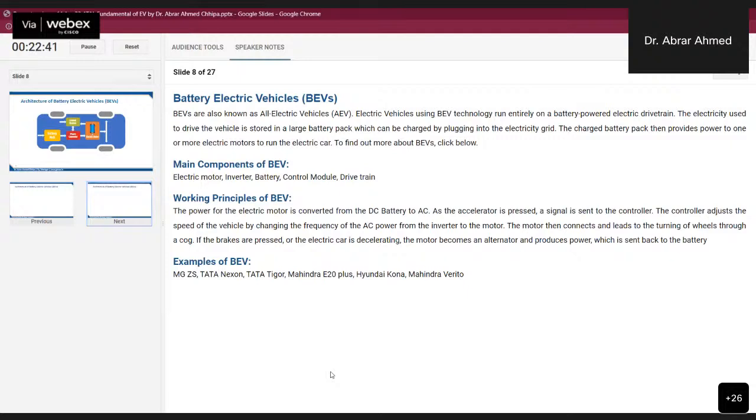Then now we have the Hyundai Kona, and now Mahindra Verito. And in Delhi right now, the Auto Expo is going on, and lots of EVs are launched by Tata, Hyundai, MG, and different other manufacturers also.